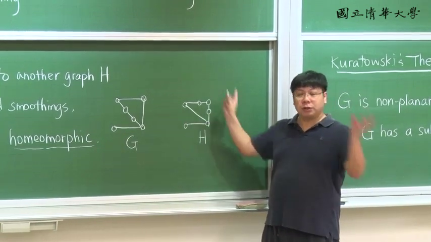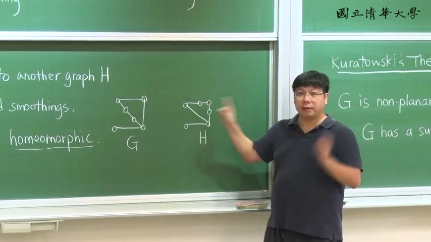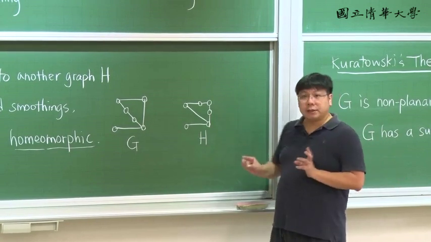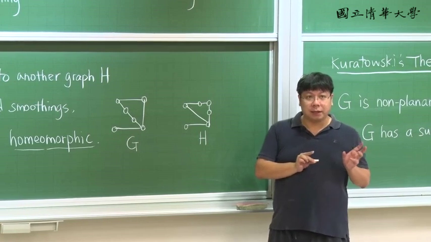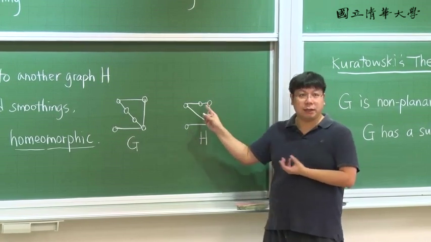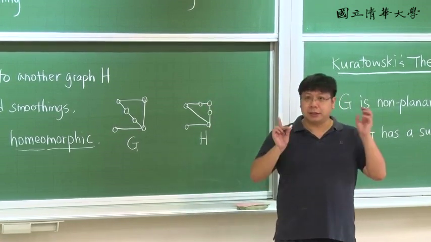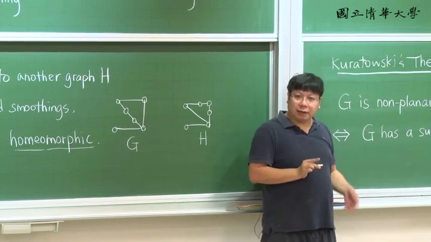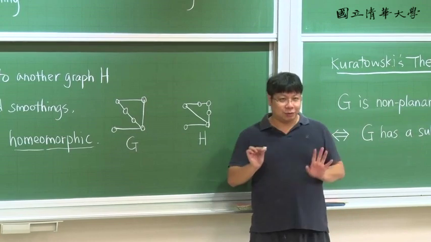If this graph is originally planar, I add a vertex there, then it is still planar. On the other hand, if a graph is not planar, then no matter how you add a vertex here, it cannot become planar. So this is the basic idea. But to prove this Kuratowski theorem, we need a rigorous proof. I don't know how to do that.